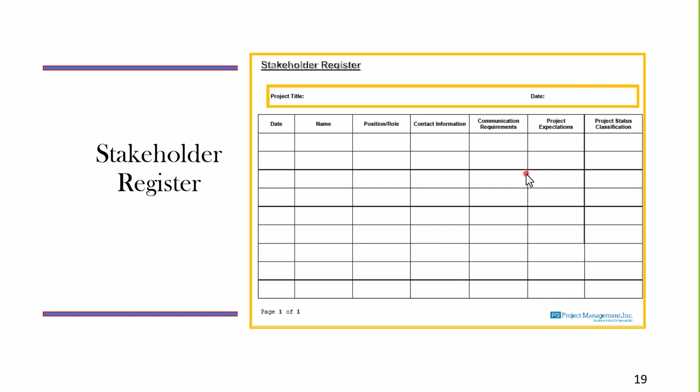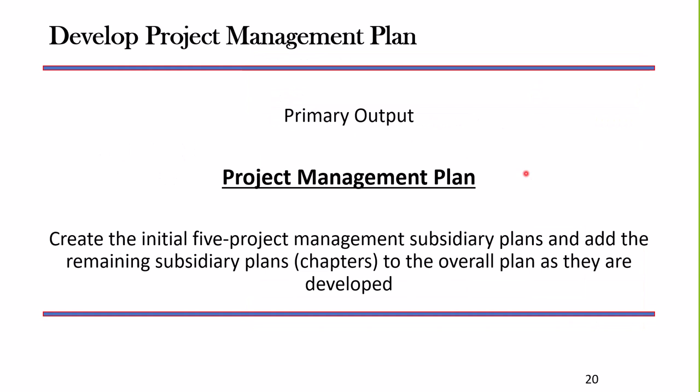Did you know keeping stakeholders engaged in a project, you'll have a successful project? If you don't keep them engaged in the project, the likelihood of your having a successful project is not very likely.